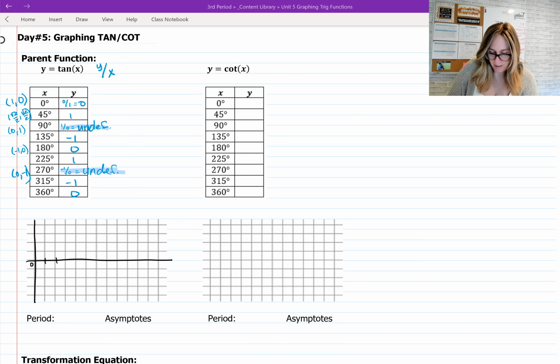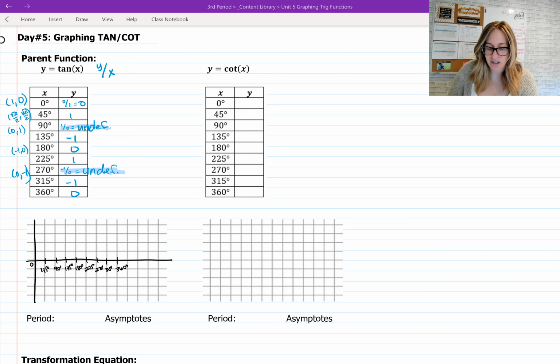So this is 45 degrees. This is 90. This is 135. This is 180. This is 225. This is 270. This is 315. This is 360.